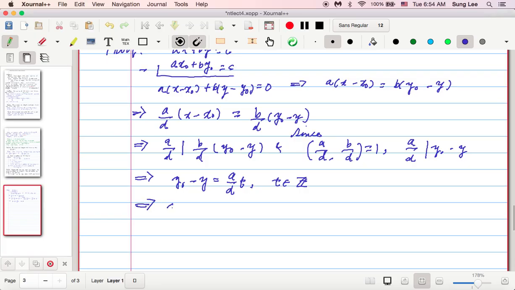If you solve this for y, you get y equals y naught minus a over d times t, where t is an integer.